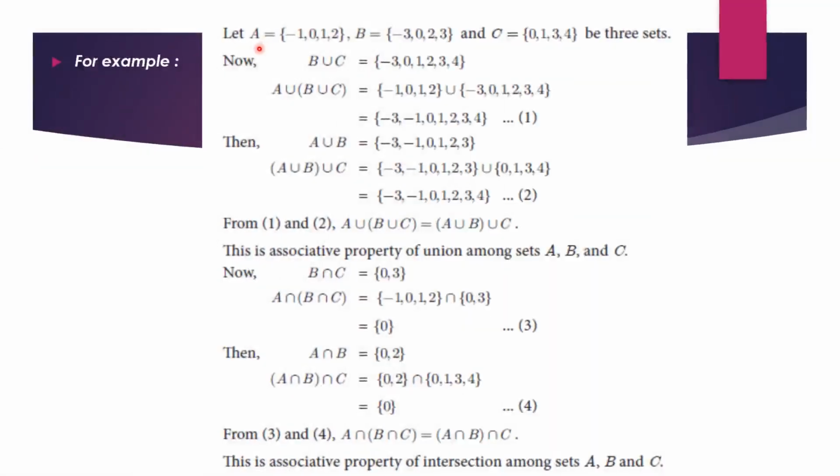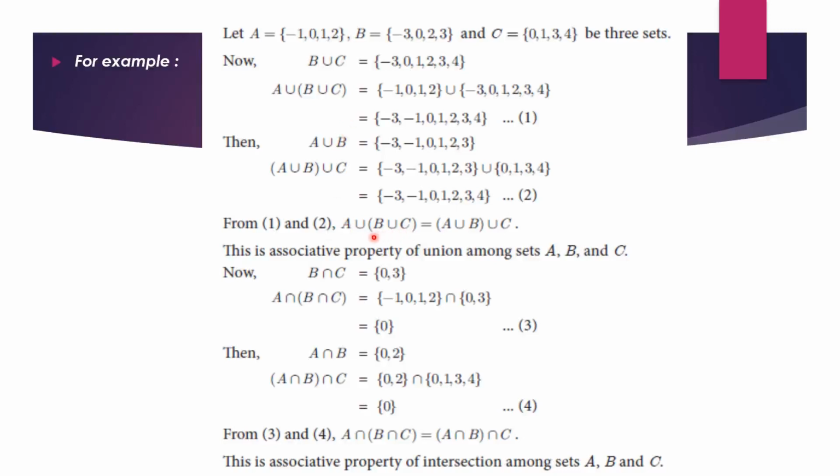Let us see an example. Let A one set is given, B one set is given and C one set is given. Here we are going to verify the associative property of union of sets and associative property of intersection of sets. Yes, let us see the solution. Here first you have to find within the brackets.